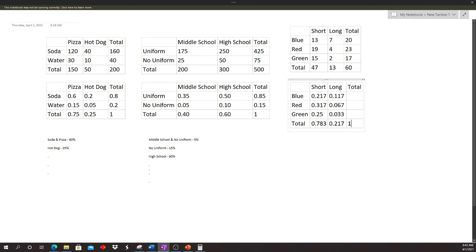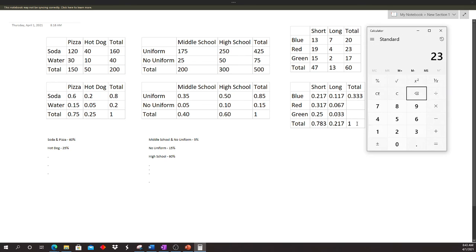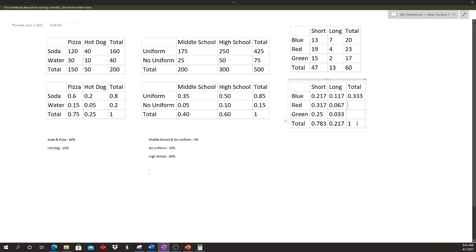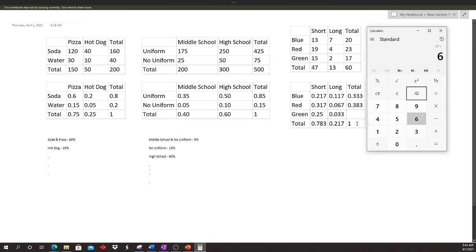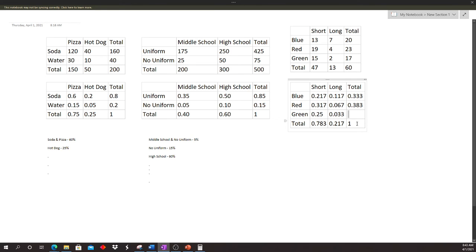Of course, my total should be 1, 60 divided by 60. Here, 0.333. 23 divided by 60, 0.383. And 17 divided by 60, 0.283.